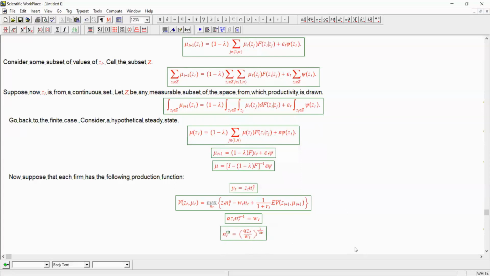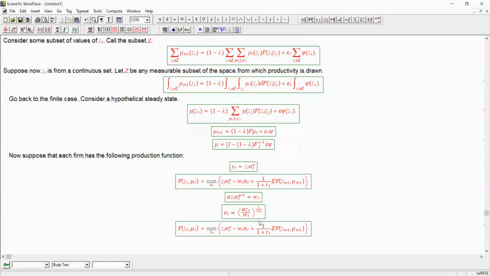There. For all firms, which of course we can plug back in here and get a simpler expression.